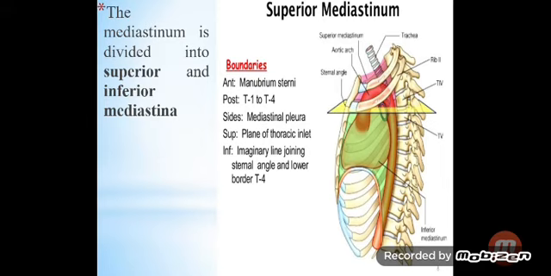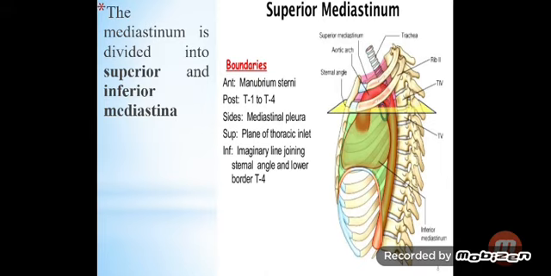Then the inferior mediastinum will be more subdivided into anterior, middle, and posterior mediastinum by the presence of the heart with its surrounding pericardium. The middle mediastinum is the site of the heart with its surrounding pericardium.